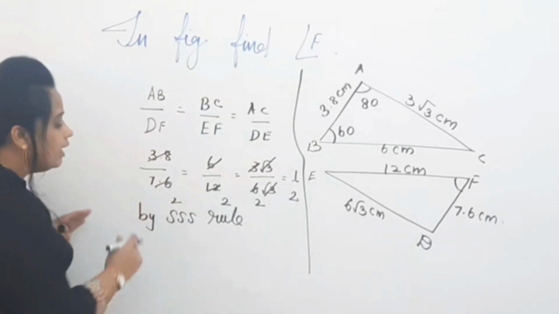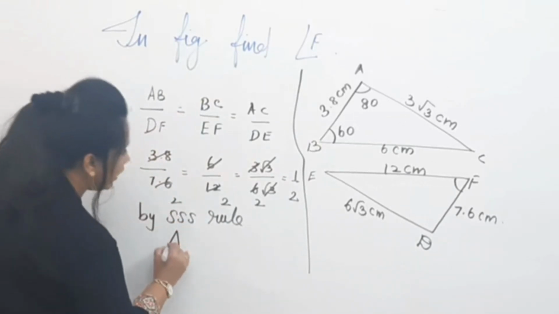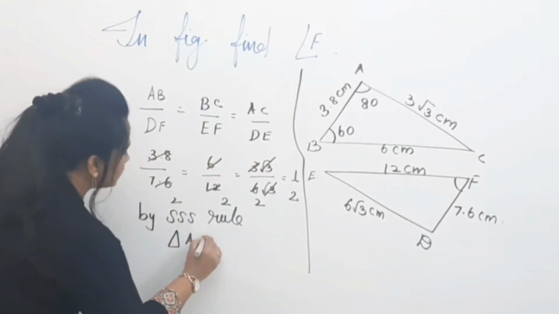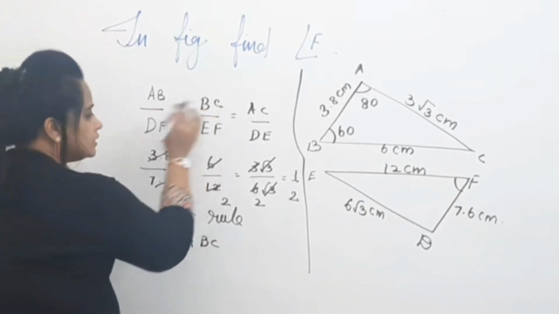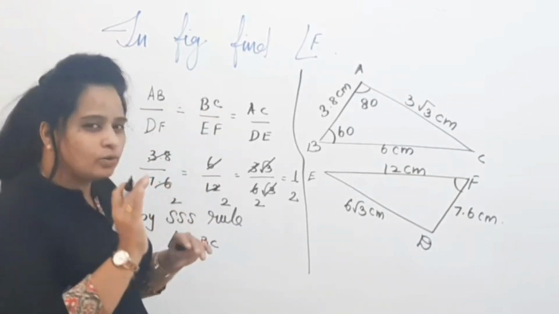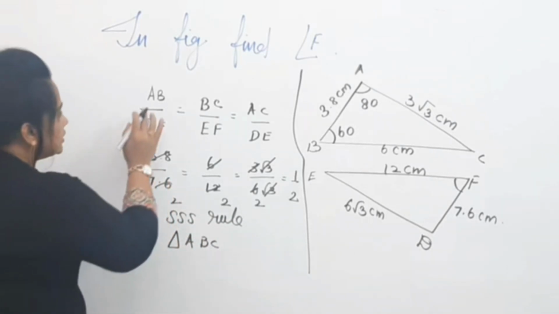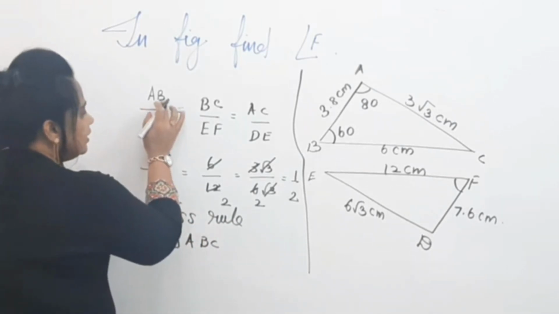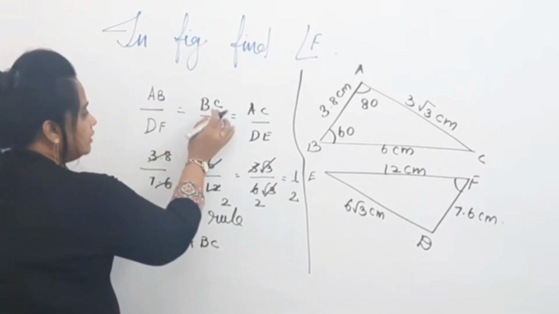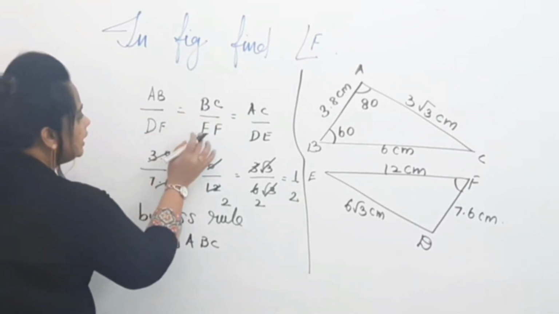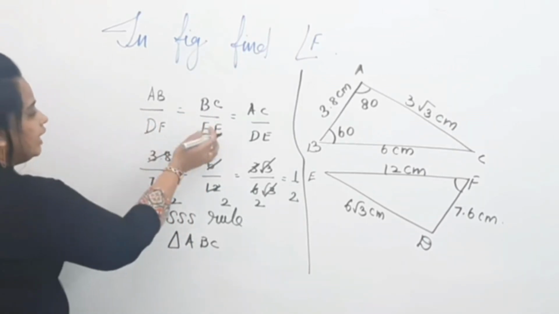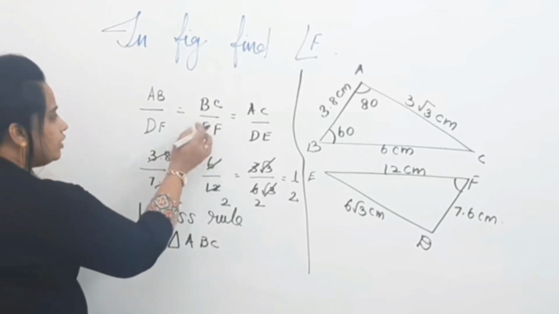So, I can say by the triple S rule, triangle ABC. I would write my ABC. I'll give you some hints on how to take your triangle's vertices. I'll go with A. This is already B, but I joined with another ratio, that is A, B, C. You will go with D, E, F. You can understand, if you write E, F as F, E, that will be the same.